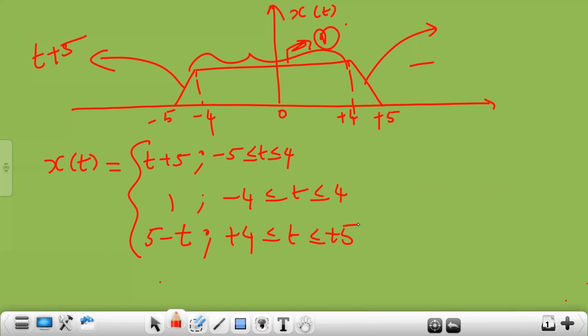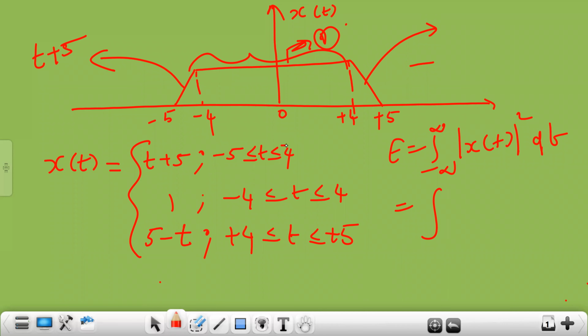Now the remaining thing you have to do is perform the integration, because you are asked to find the energy. Energy is the integral from minus infinity to infinity of mod x of t whole square dt. So accordingly you have to split the time. From minus 5 it will start.